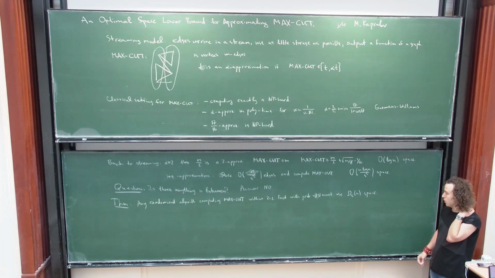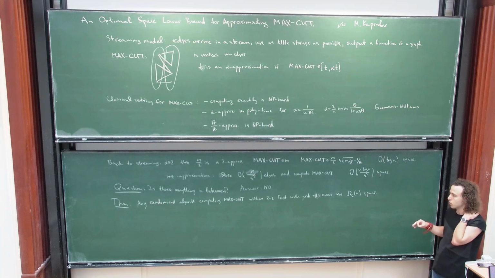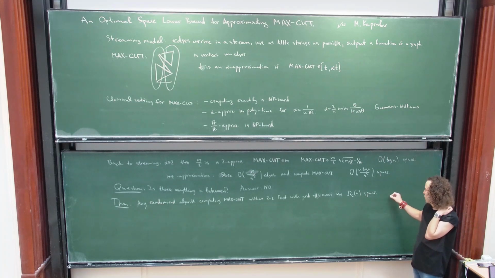So let me mention what the dependence on epsilon is. It's not so interesting for the problem itself because it's probably very far from optimal, but it's optimal for the communication problem that we will be essentially solving.